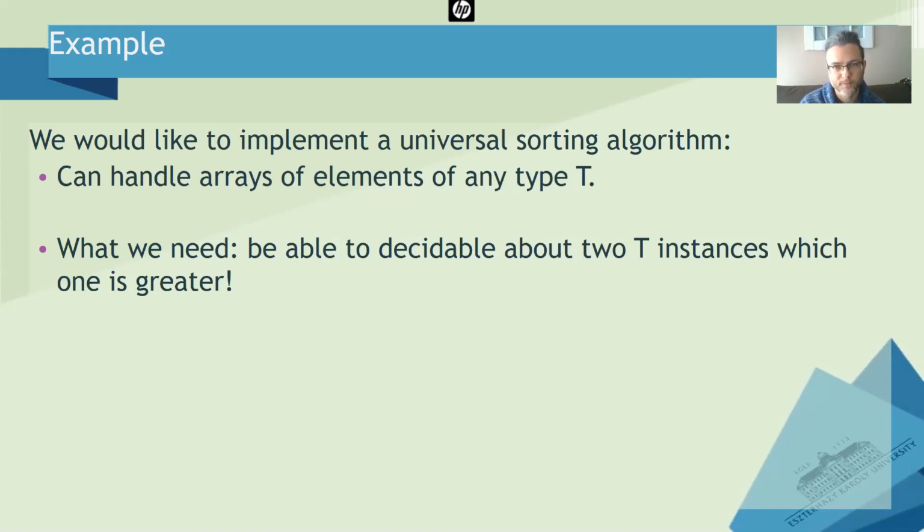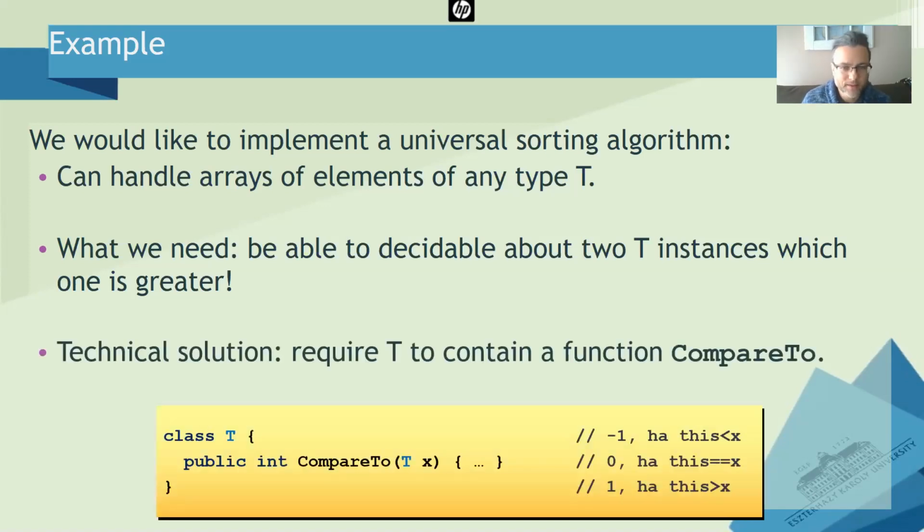For example, bubble sort. So how to implement this in C#? First of all, you must create a new class, let me call it T. Inside T, you have to implement a method, let me call it compare2, which compares two instances of T. Typically, we compare the current instance of T, called this, with another instance received as a parameter, let me call it x.